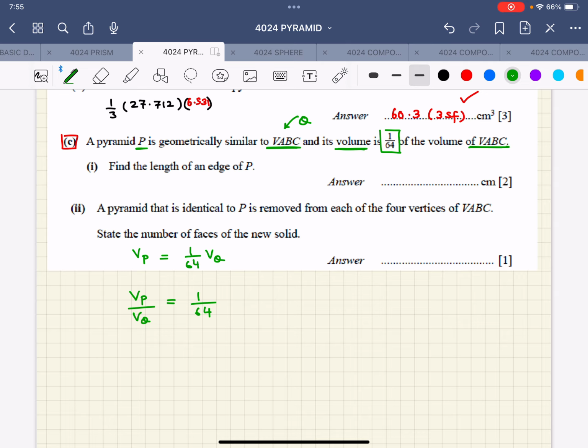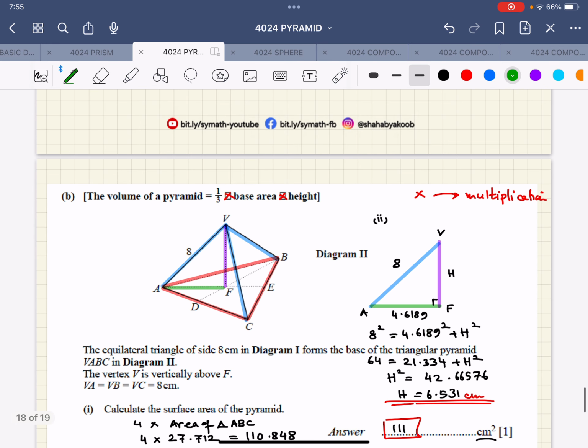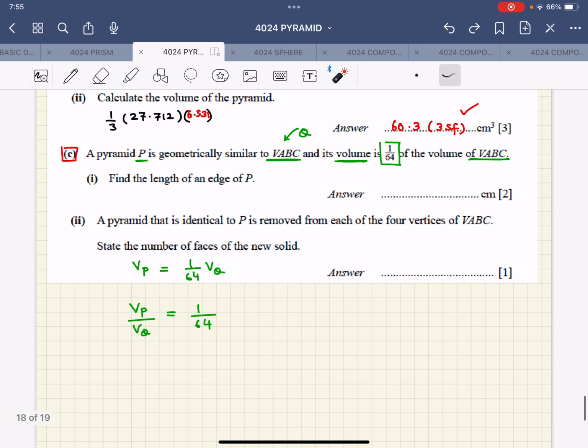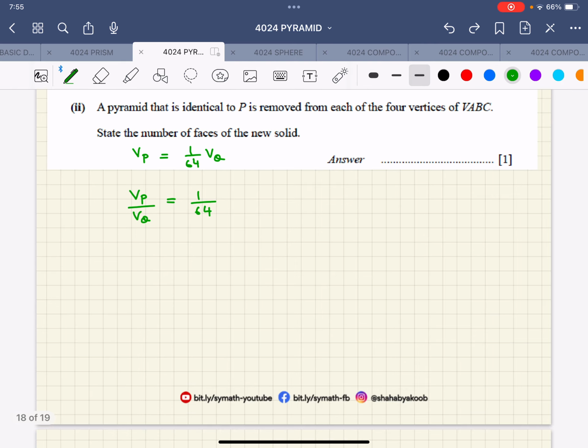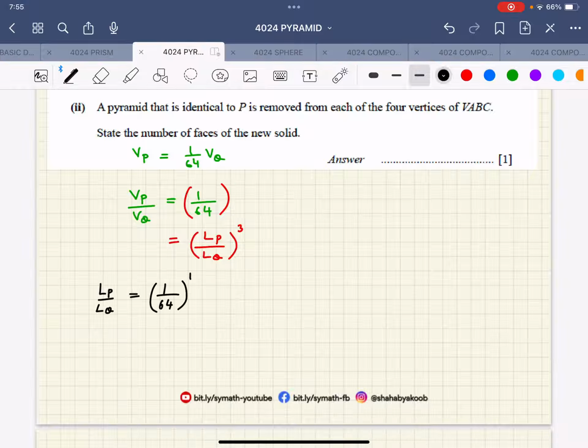Now it says find the length of an edge of P. Do we have the length of an edge of this triangle? Yes, we have, which is 8. So therefore, I can write the ratio of length of P to length of Q. LP is to LQ is the cube root of 1/64, which comes out to be 1/4.